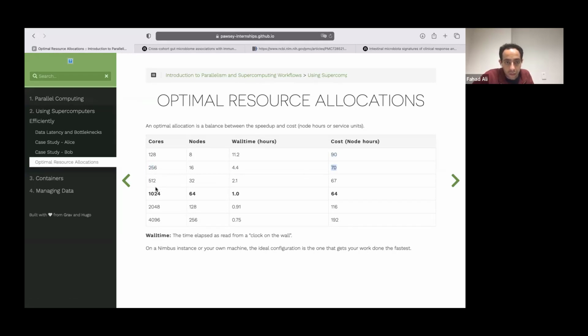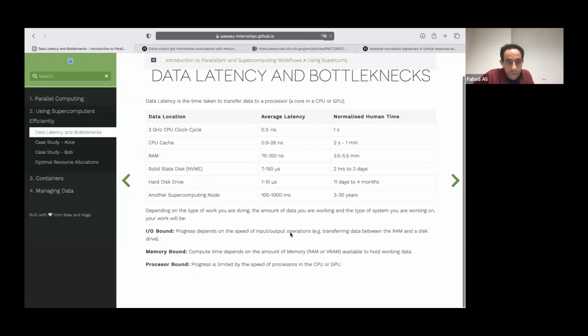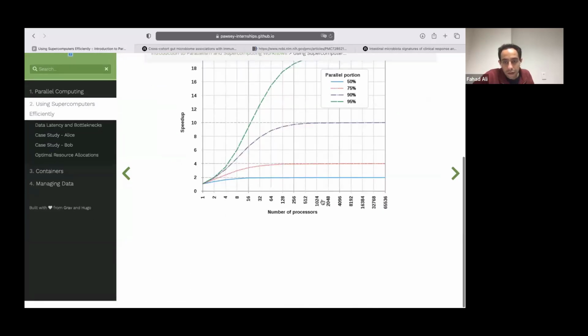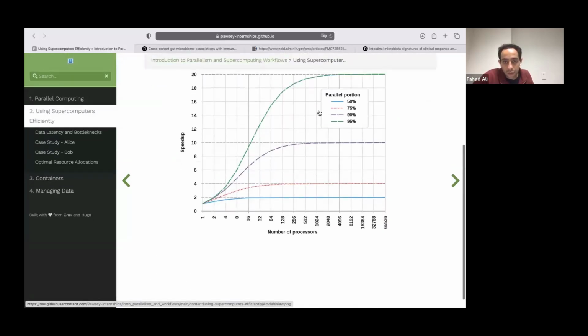And if I just look at that doubling here at 1,024 cores used for 1 hour, I'm only charged 64 as opposed to 90, which is when I requested fewer cores. But because of Amdahl's law, I'm getting to this portion of my program.